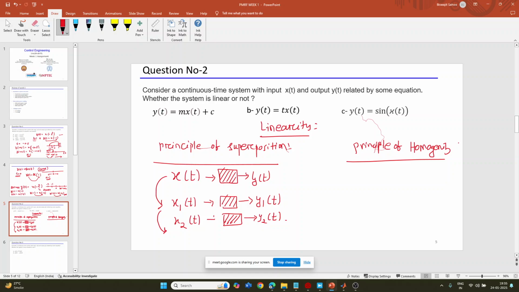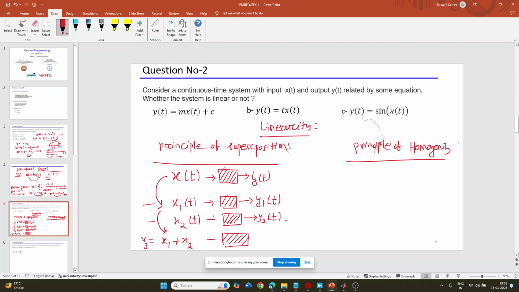Then another person is coming, let's say x3. He combined the first person's and the second person's inputs, x1 plus x2, and applies this input to the same system.